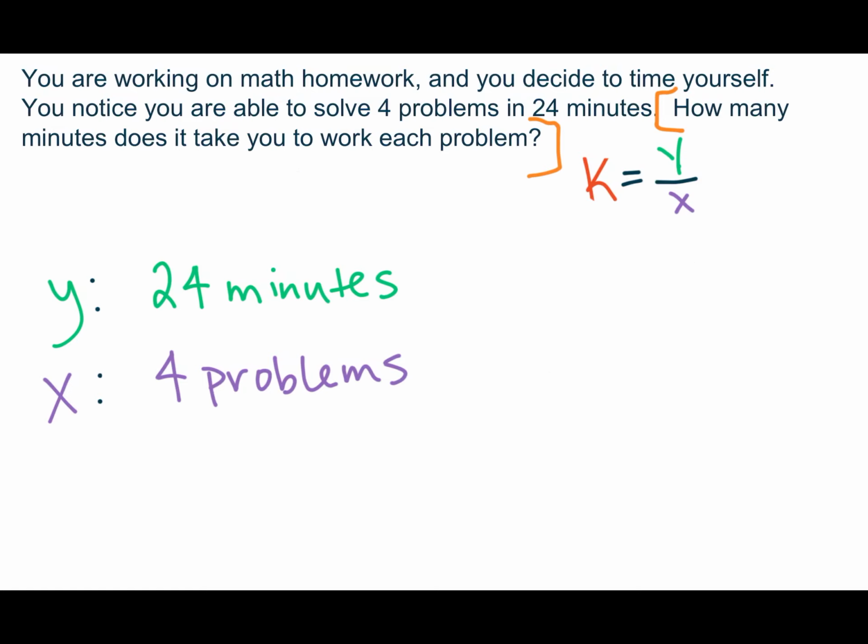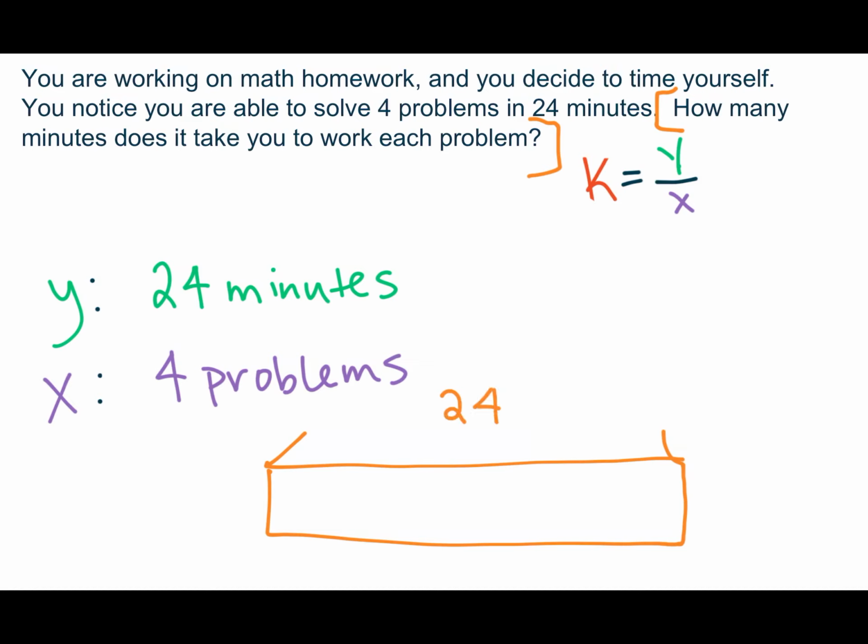Another way you might want to think about this is by drawing out a tape diagram. So if I draw out a tape diagram, and I say this entire thing represents the 24 minutes that I spend working, and I've worked 4 problems, well, I need to figure out what chunk of this time that I've spent is going to go with each problem.